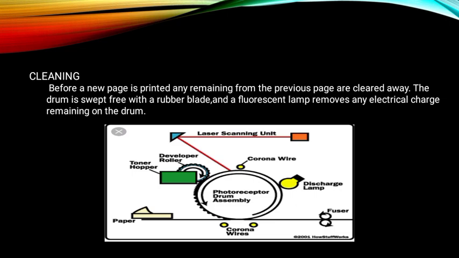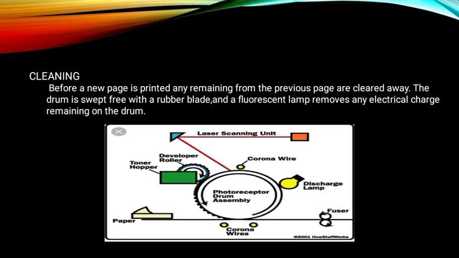Next, cleaning process. Before a new page is printed, any remaining toner from the previous page is cleared away. This is removed with a rubber blade and a fluorescent lamp removes any electric charge remaining on the drum.